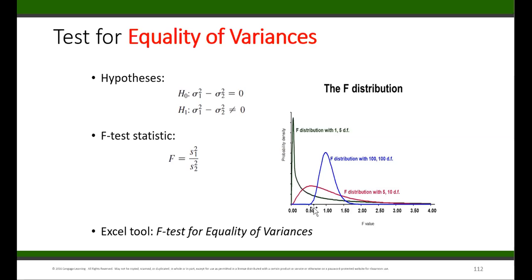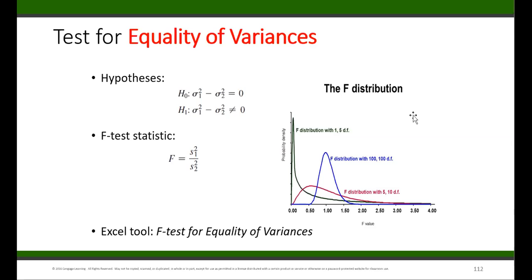An F distribution actually takes two parameters, N1 minus 1 and N2 minus 1, sample size 2 minus 1. So it has 2 degrees of freedom. It's a much more complicated distribution than the T distribution and standard normal distribution, so we're not going to go into the details of this distribution.